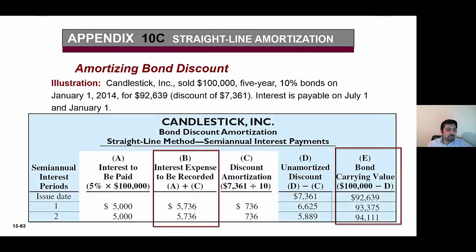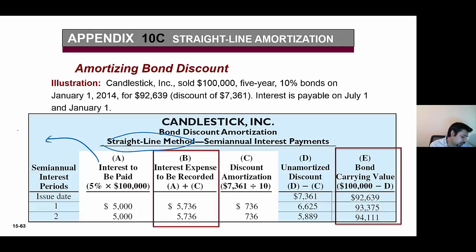So, for example, Candlestick Ink sold 100,000. This is the same example that we had before. Here we're using the straight line method. The interest that the company will be paying is always the same.